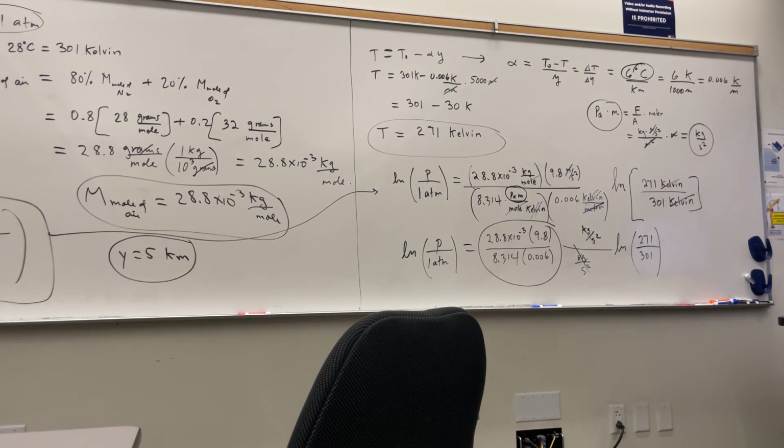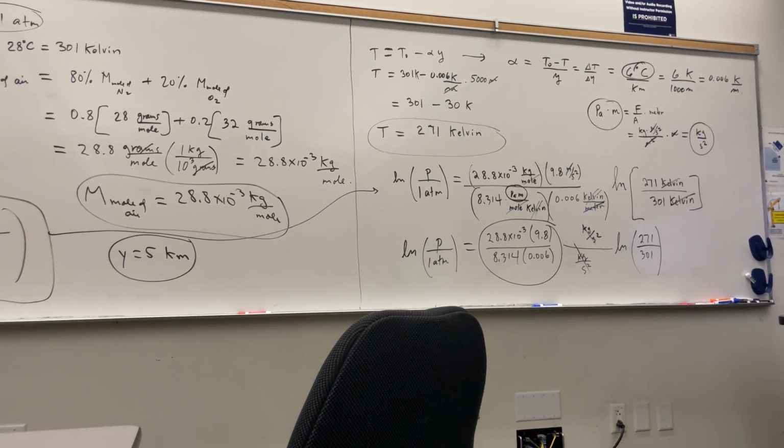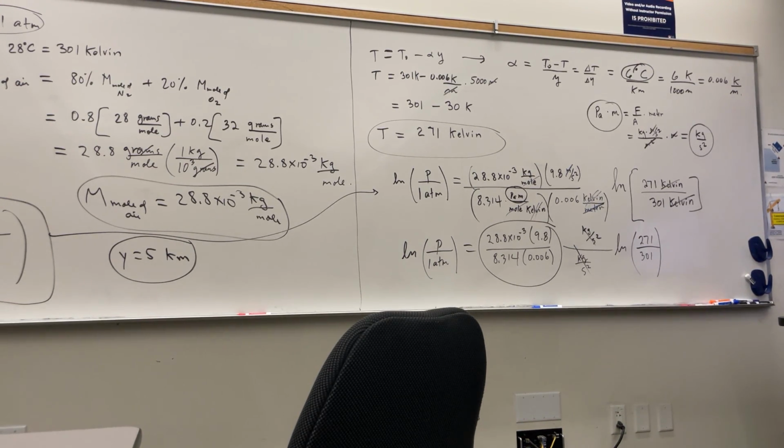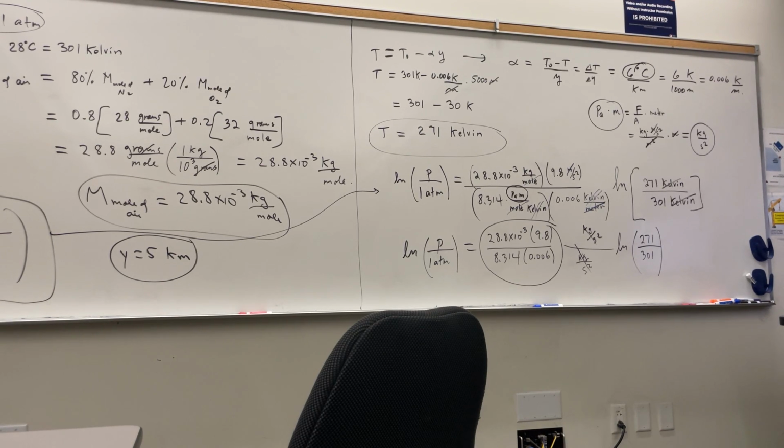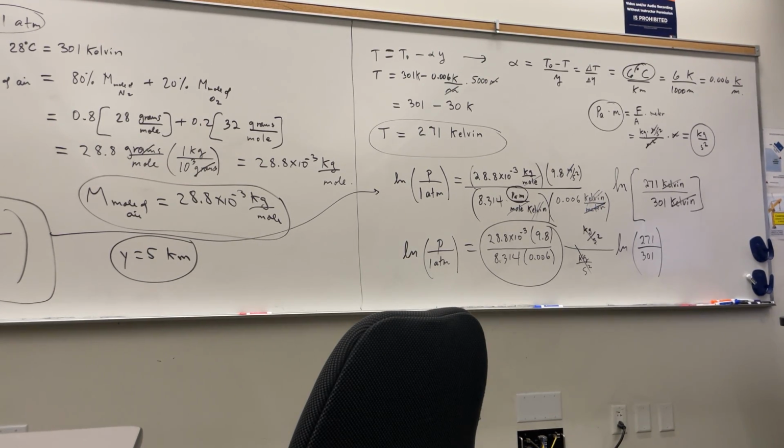Negative 0.594. So that means that P over 1 atm is e to the minus 0.594. So P equals 1 atm times e to the minus 0.594. So how many atm is that?